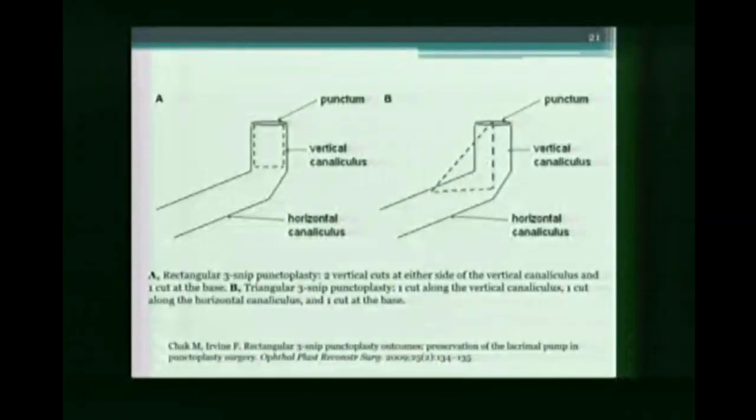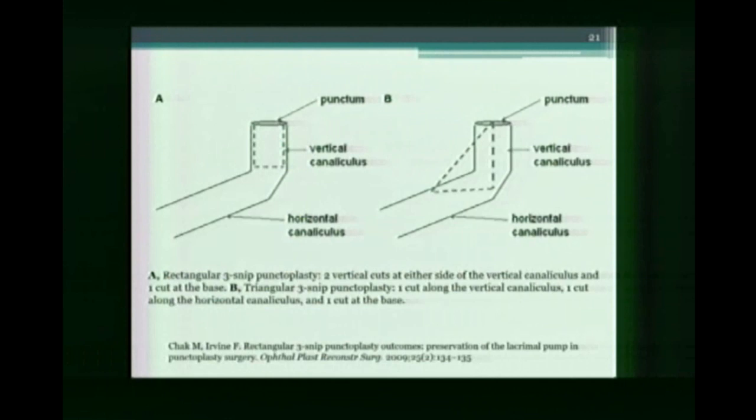This sketch is from the original article of Chuck and Irvine, and this is the old triangular 3-snip procedure, the one we used to do, and this is their proposed rectangular 3-snip procedure. Basically, two vertical cuts are done on the vertical canaliculi and then you just cut the base.